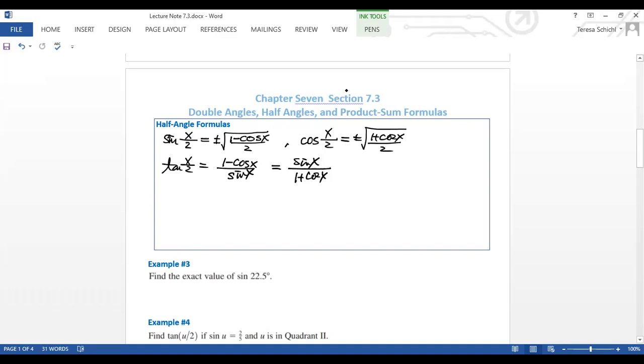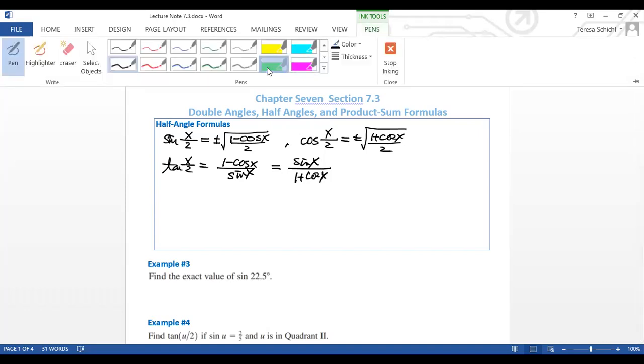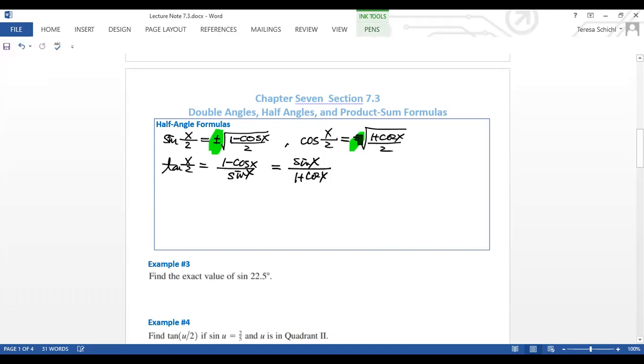Okay, so then you were wondering, hey, what is this plus or minus here? So which one will be the correct one? The choice of the plus or minus depends on what?